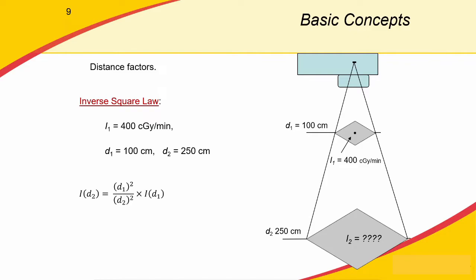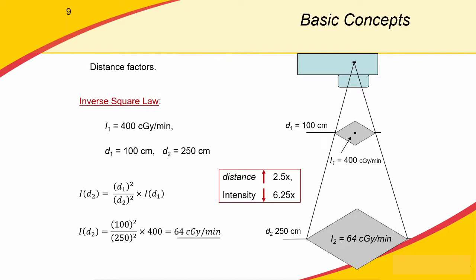Well, we take our inverse square equation, plug in our known numbers, and we get a value of 64 centigrade per minute. So what we see here is that as the distance increased by a factor of 2.5, the intensity of the beam decreased by a factor of 2.5 squared, or 6.25.